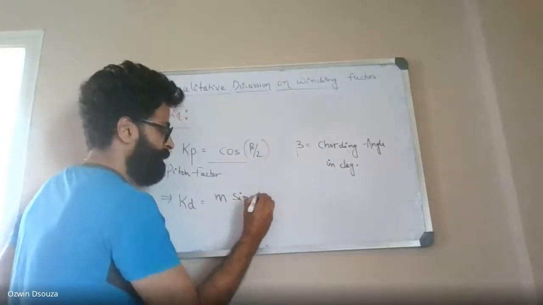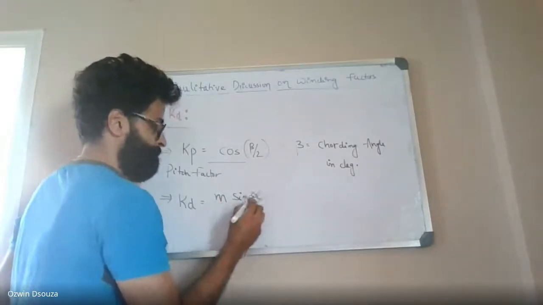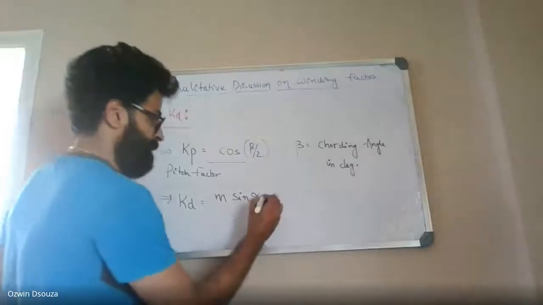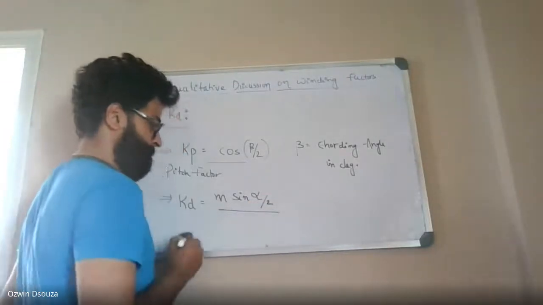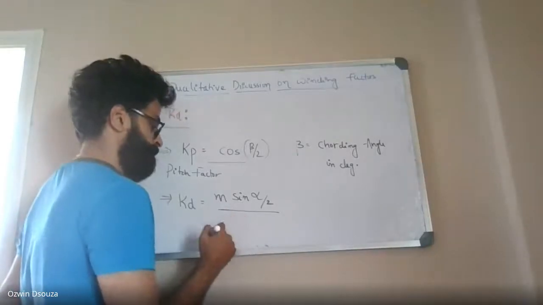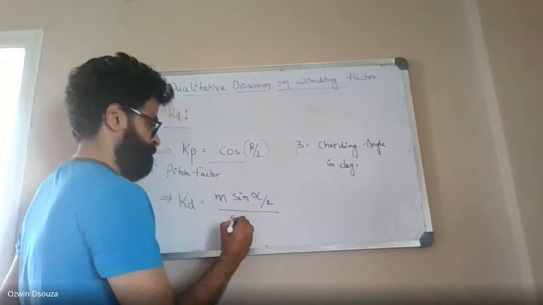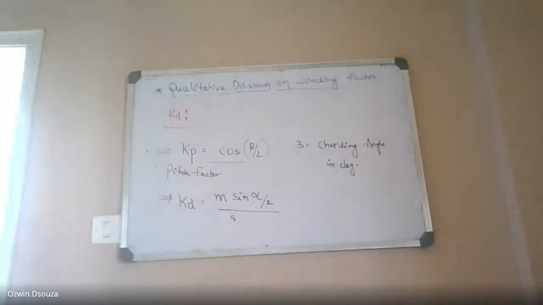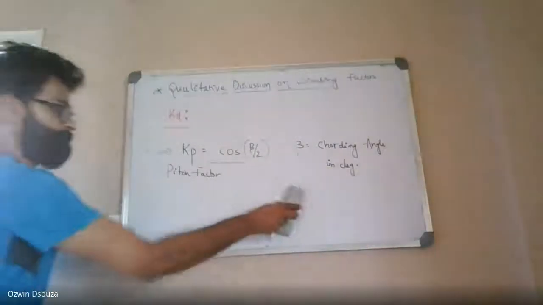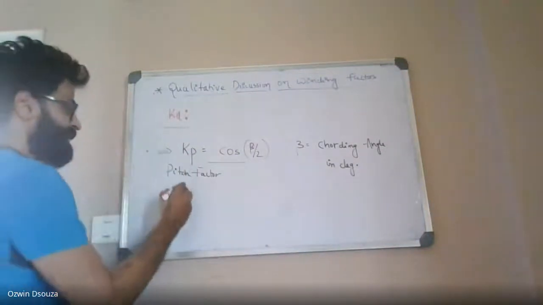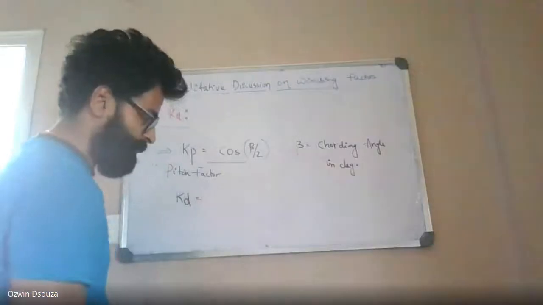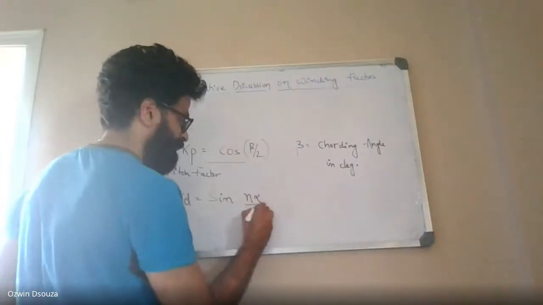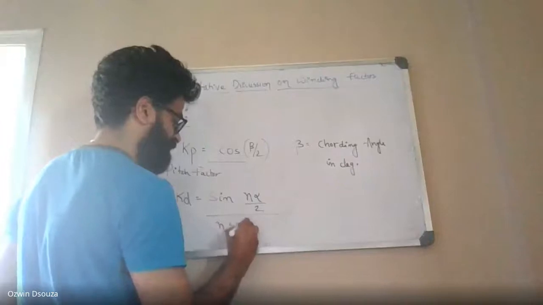Kd is equal to sin n alpha by 2 divided by n sin alpha by 2.